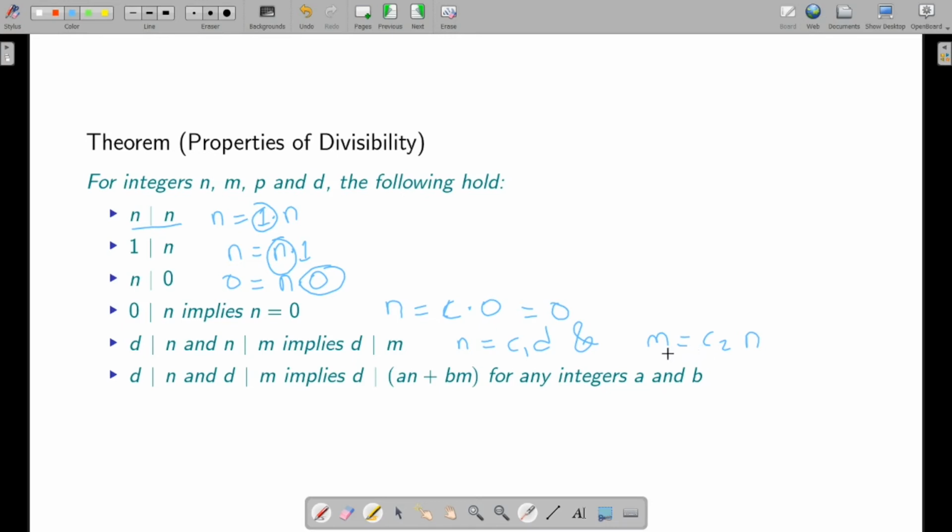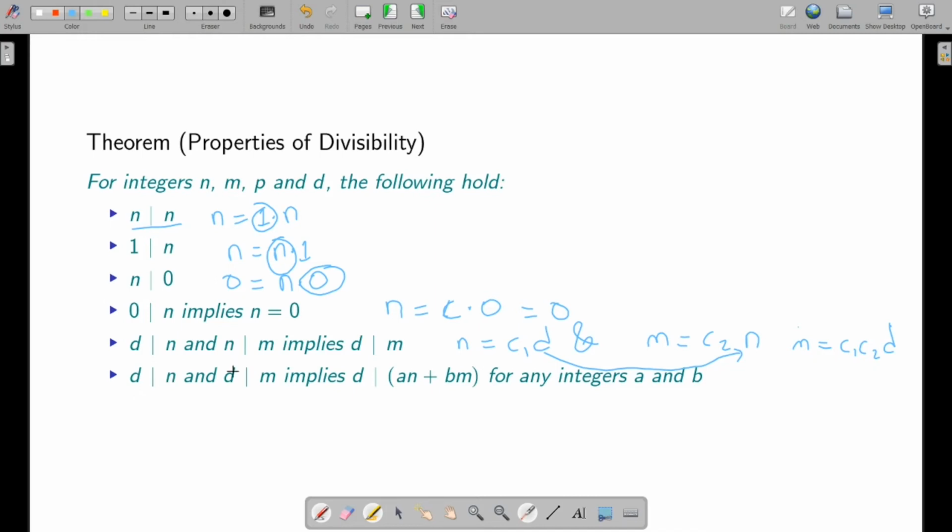Now I can just substitute this here to get m is equal to c1 c2 times d, and this tells me that d divides m. Okay, and we can just do this for all the different properties.